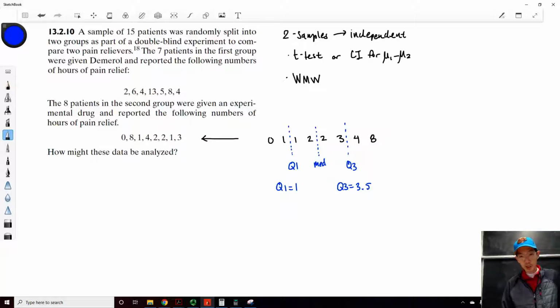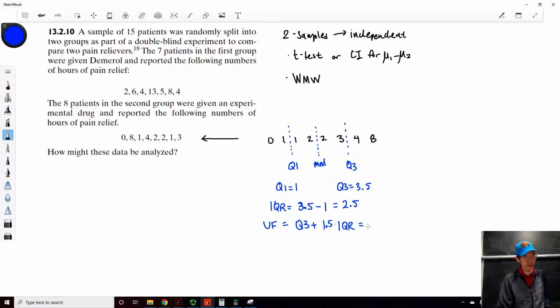And so my IQR is Q3, 3.5, minus Q1. I have an IQR of 2.5, okay? And so my upper fence is Q3 plus 1.5 times the IQR. And this is like a throwback to week 1.